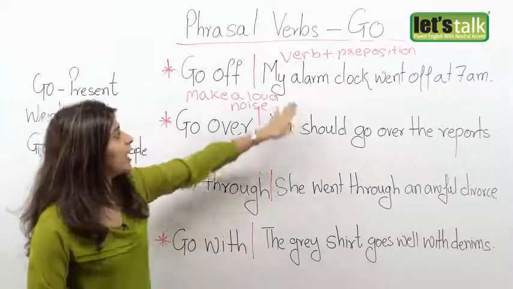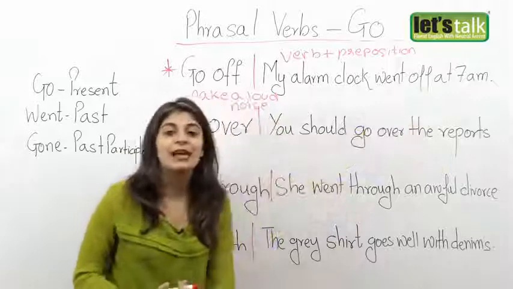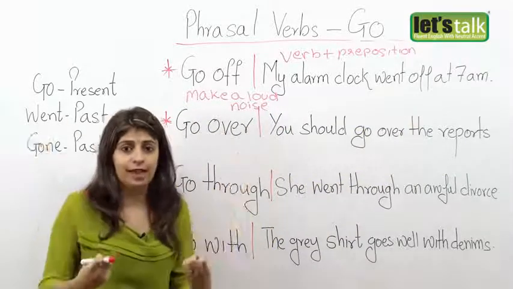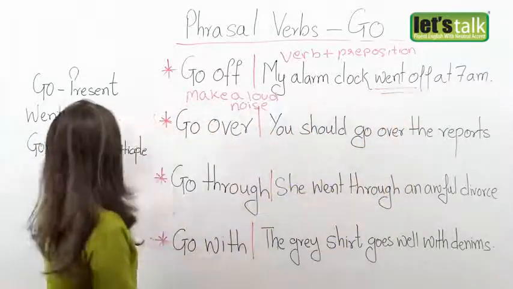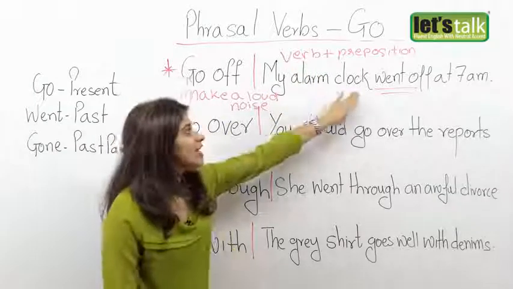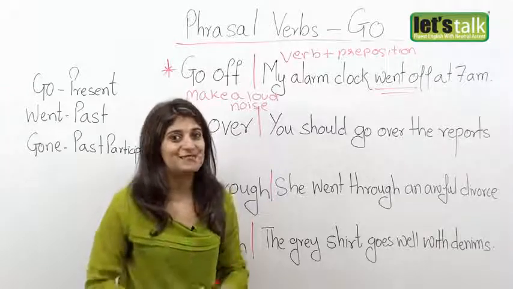For example, we have a sentence here: my alarm clock went off at 7 a.m. So your alarm clock basically goes off. Here we have went off, which is the past of the verb go, and that's why we are using went off. But what it really means is that it made a loud noise, okay?